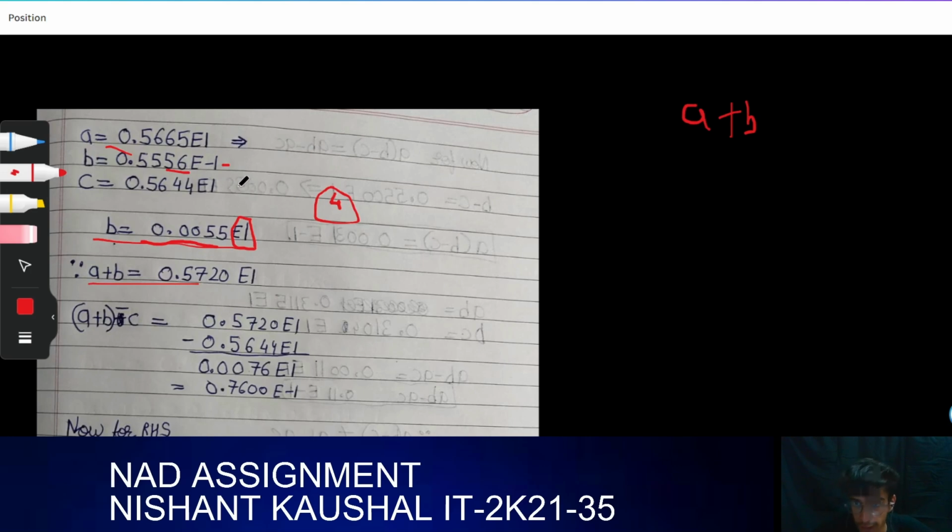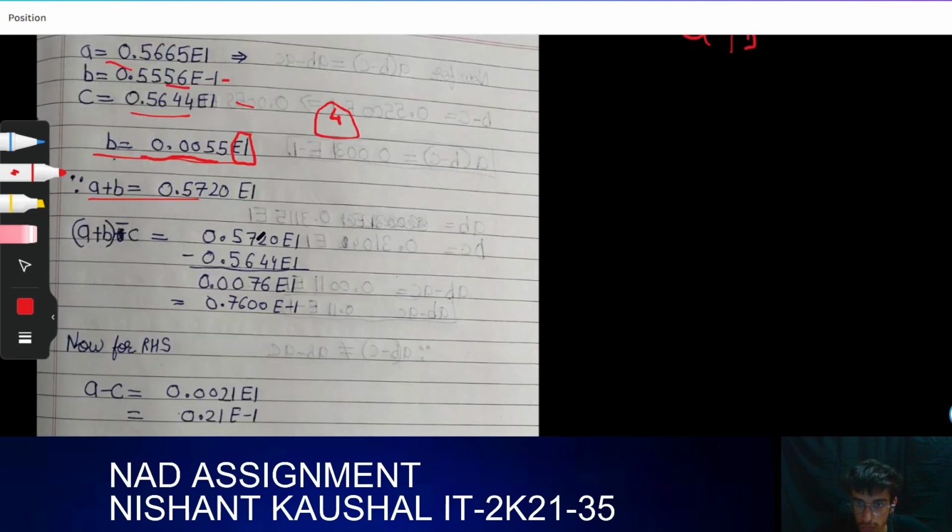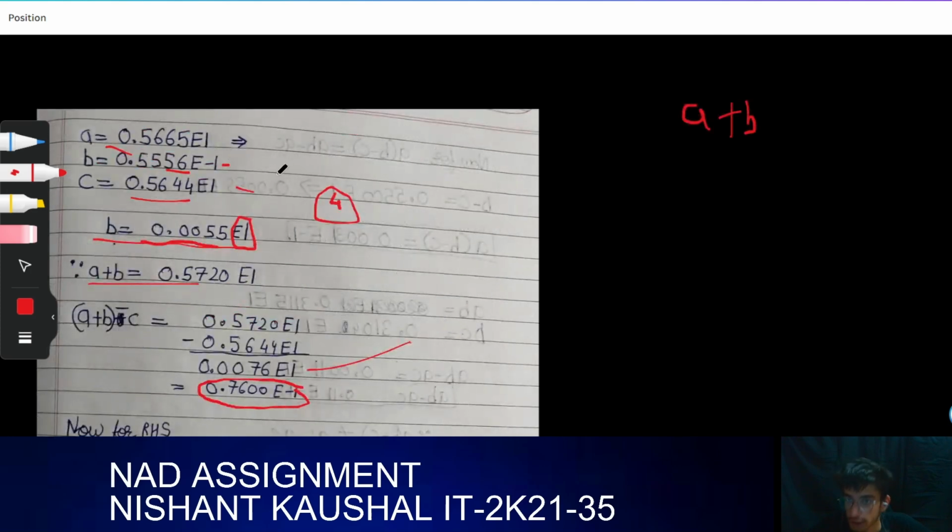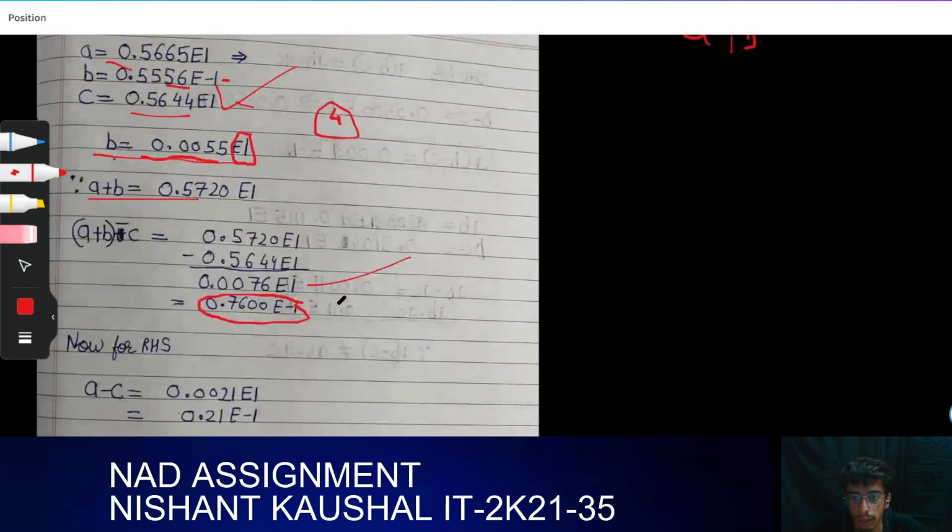Now we will subtract c from a plus b, and what is c? 0.5644. So 0.5644 gets subtracted from 0.5720. This will be 0.0076 e raised to power 1, right? Now for my convenience I have converted it to e raised to the power minus 1 because the RHS could also be minus 1, and to save our time I have converted it here only.